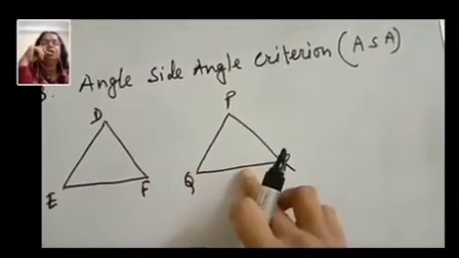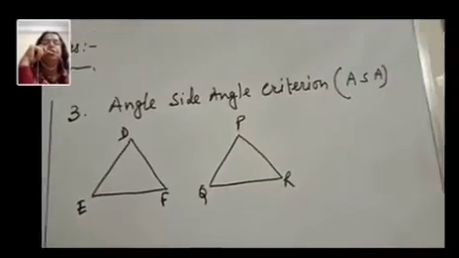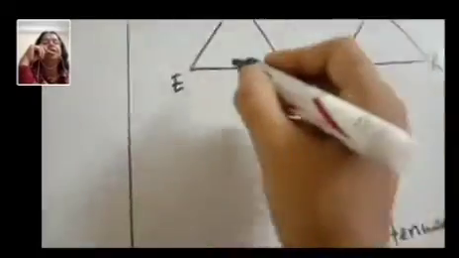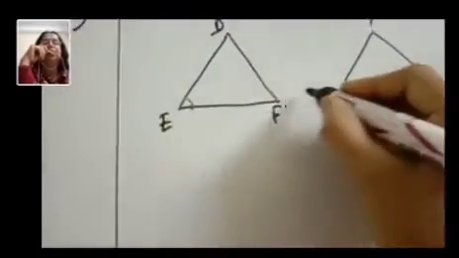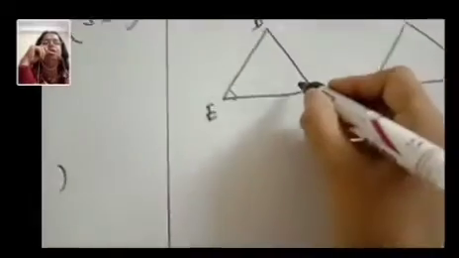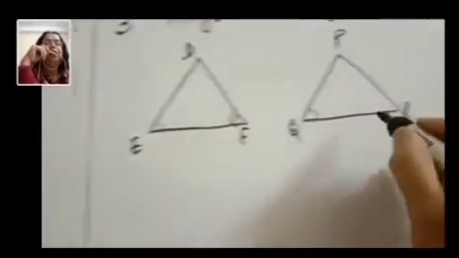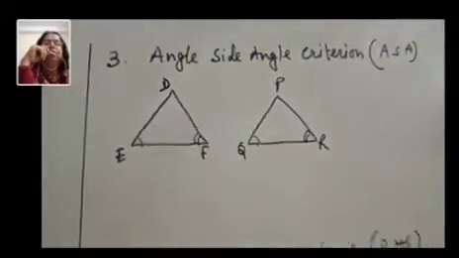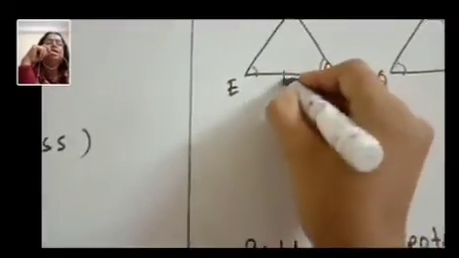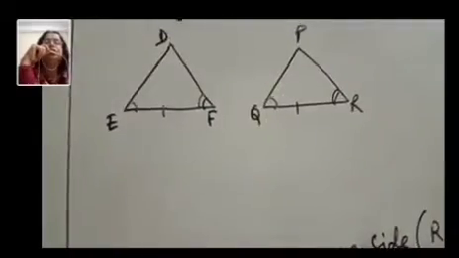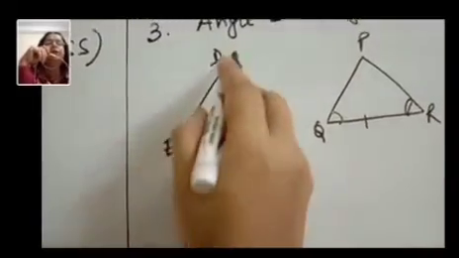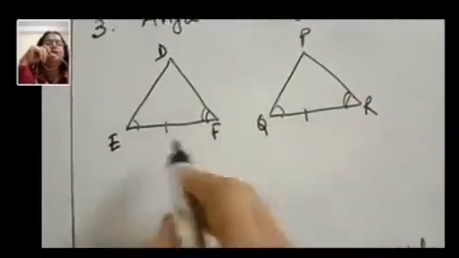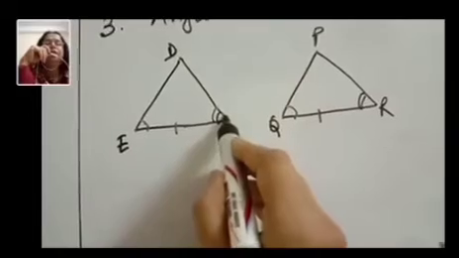In these two triangles, if it is given that angle E is equal to angle Q and angle F is equal to angle R, and the side including these two angles is correspondingly equal, then we can say that these two triangles are congruent by ASA.